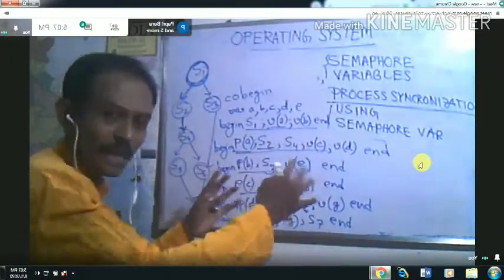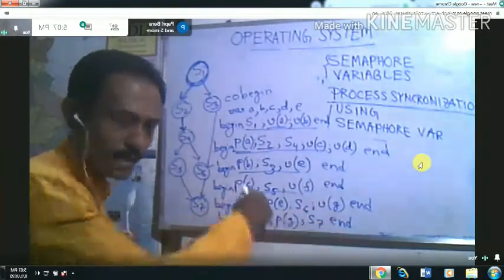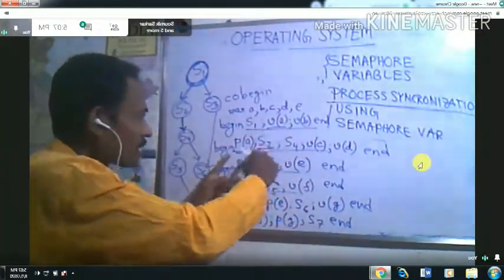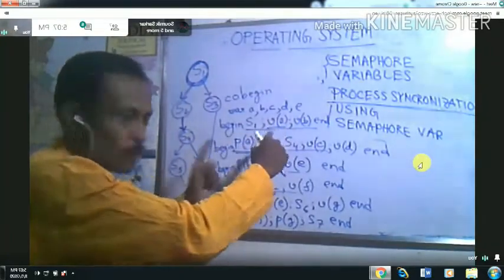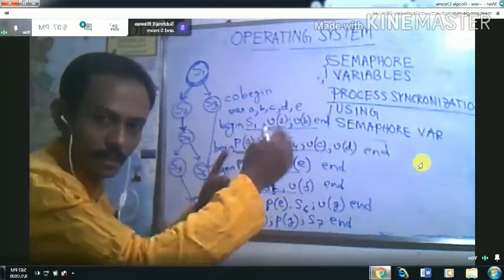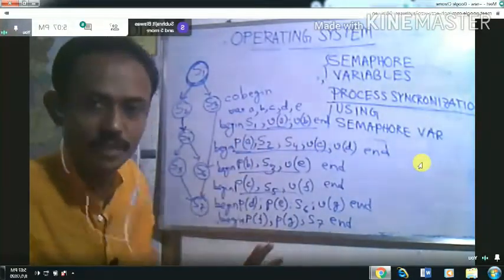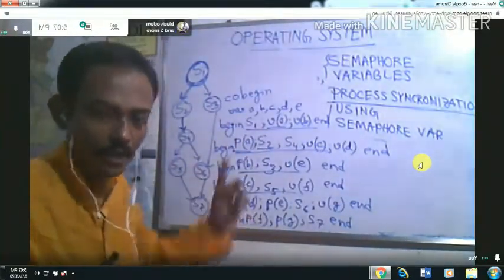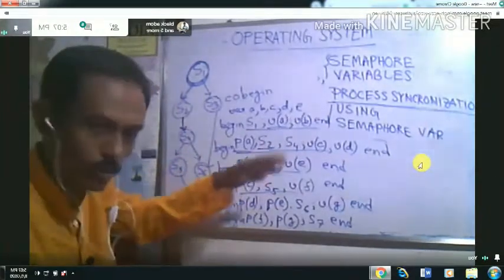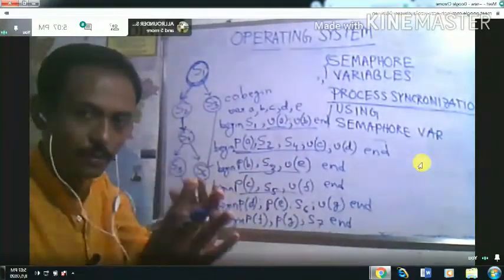Got it? Using this P and V function, the semaphore operations, it can maintain the synchronization. All these child processes will execute concurrently, but should maintain all this synchronization concept.